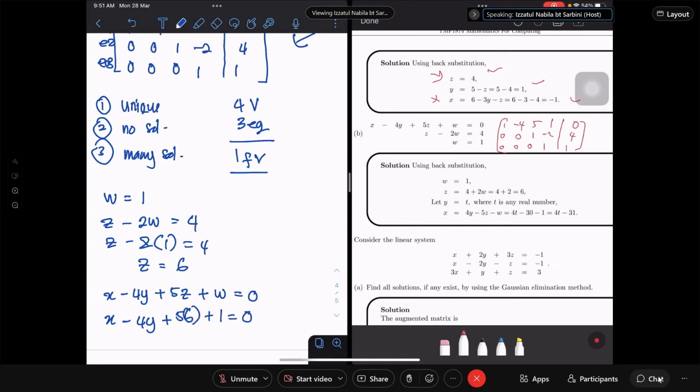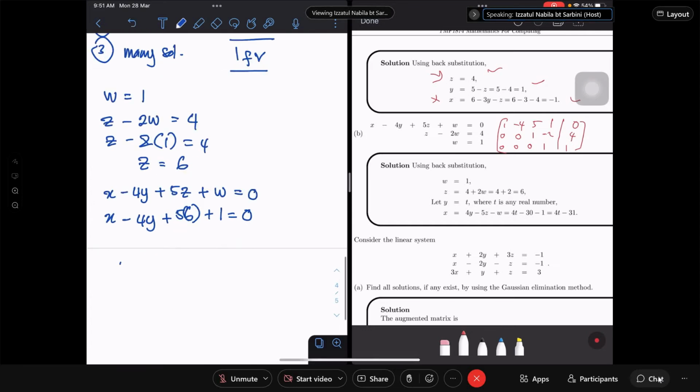So X minus 4Y plus 31 equals 0, right? You have this. So what is a free variable?